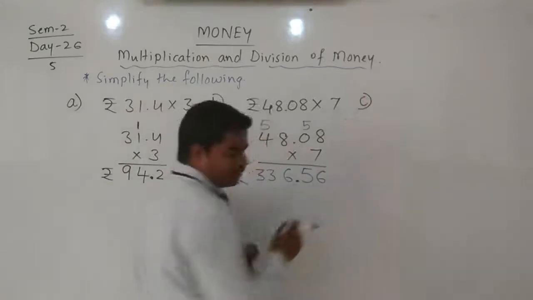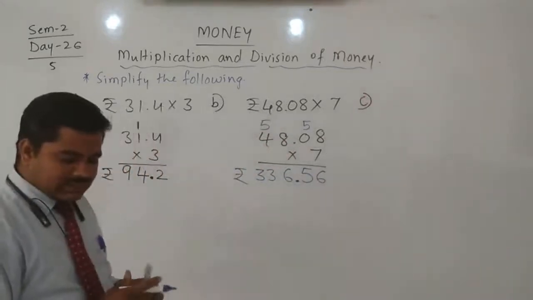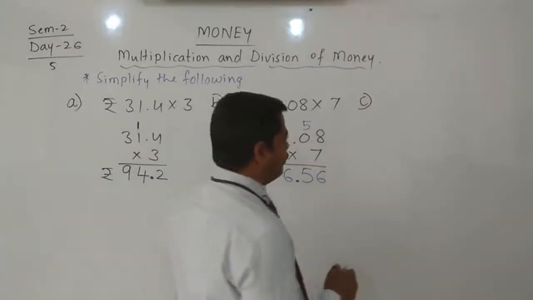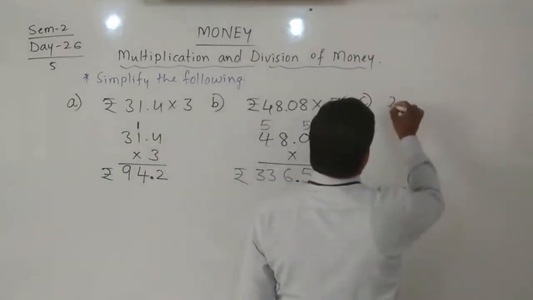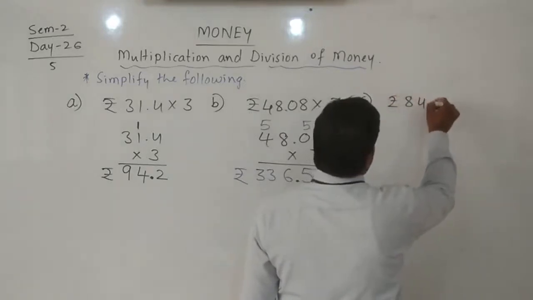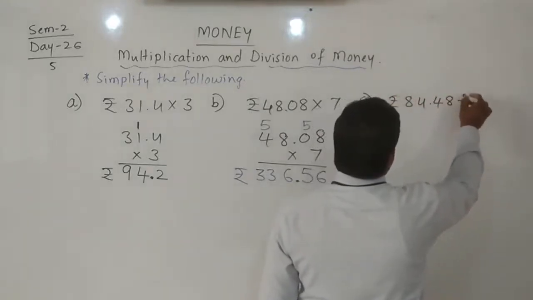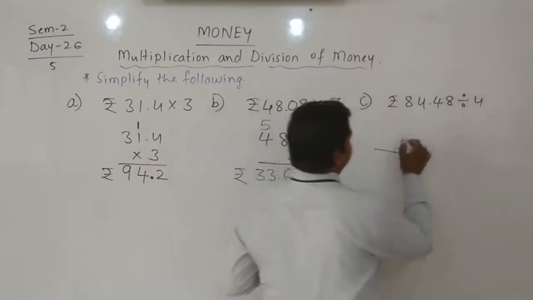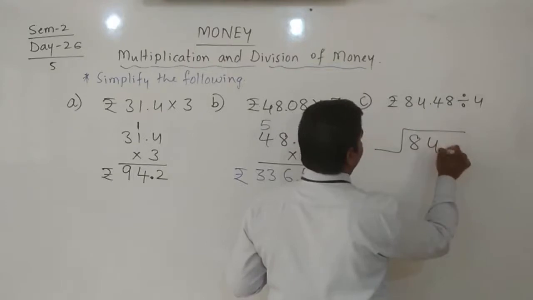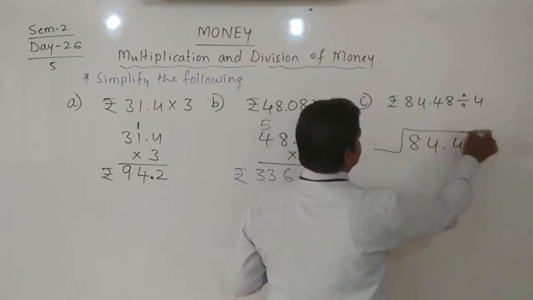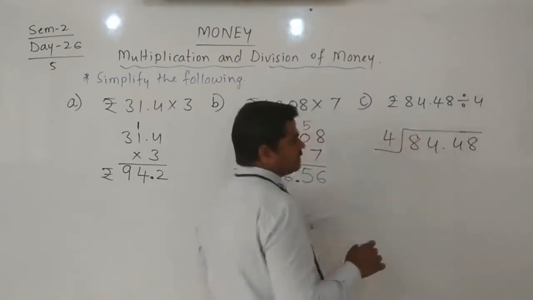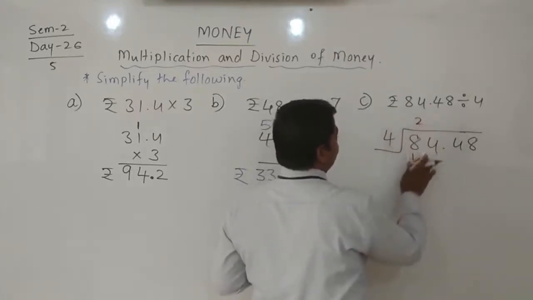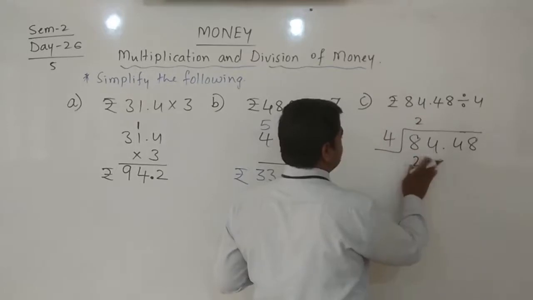Yes, a division problem: 84.48 rupees divided by 4. Write this in the division form. 84.48 divided by 4. 4 2s are 8.